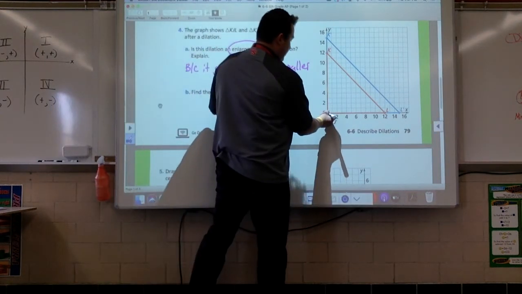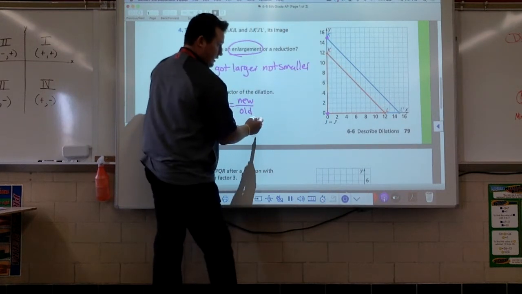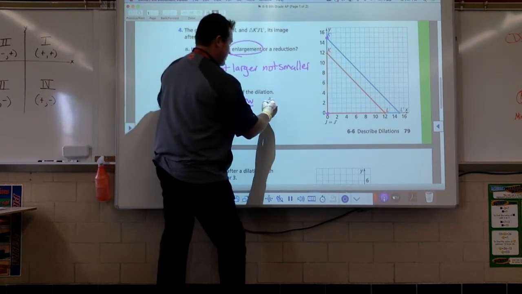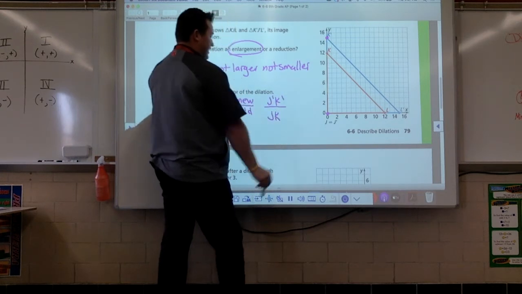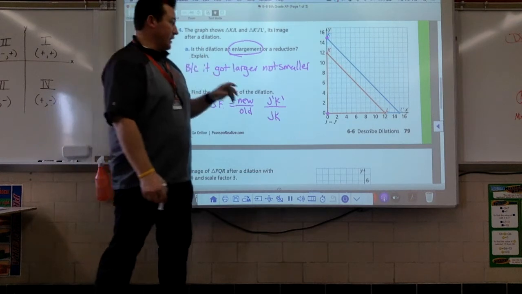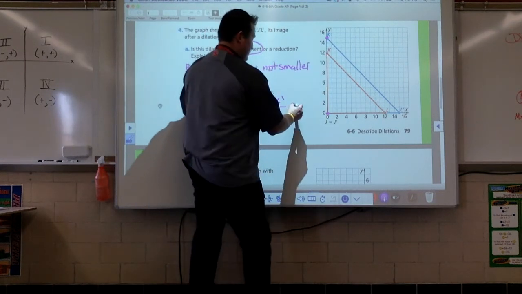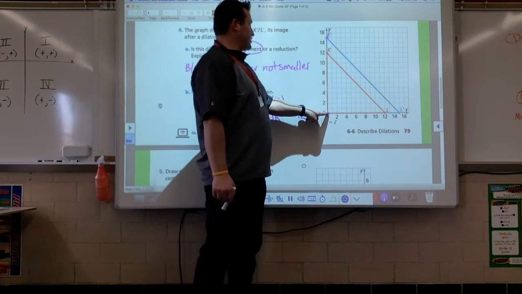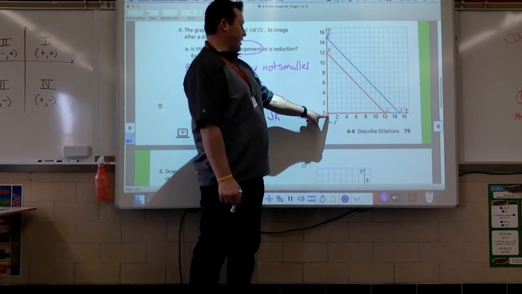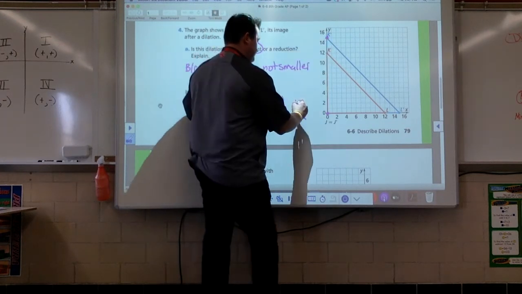I would like to know the side length right here, J prime K prime, and I'm going to compare that to JK. JK goes from the origin to 12, so that's 12 units long. How long is J prime to K prime? J prime K prime goes all the way to 50, so that's 15.